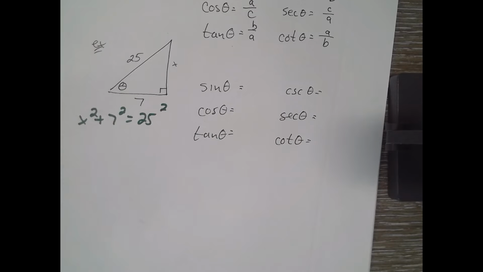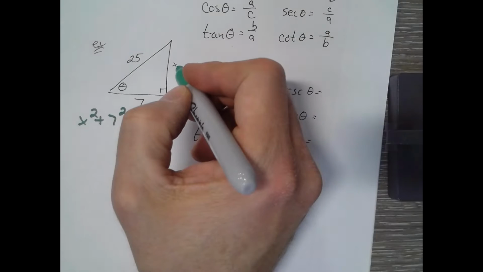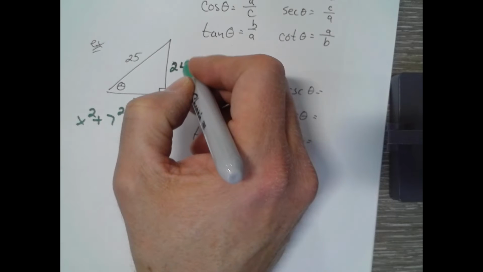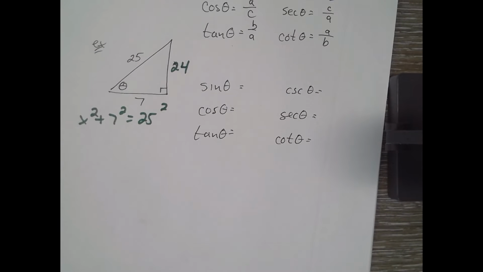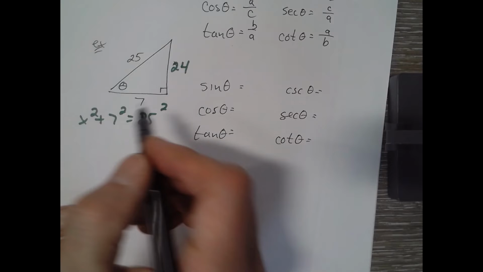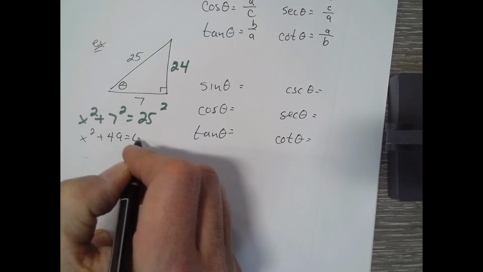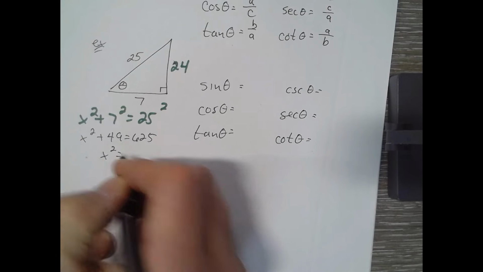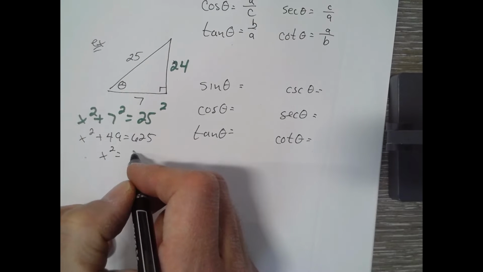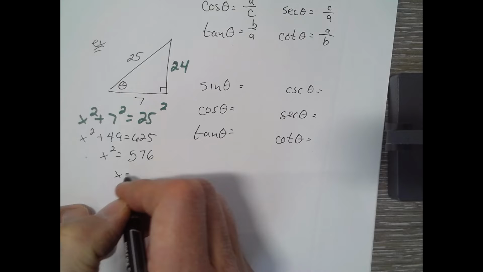Okay. So I have x squared plus 49 equals 625. X squared equals 576, so x is 24. Did I do my math right?